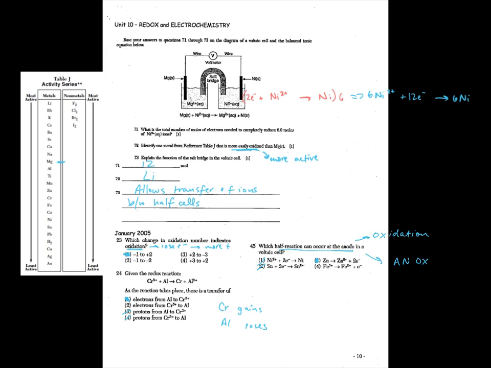So typically free elements lose electrons, especially in the case of metals. For the nonmetals, they gain electrons, whereas the ions gain those electrons instead. Okay, usually in the case of metals, all right?